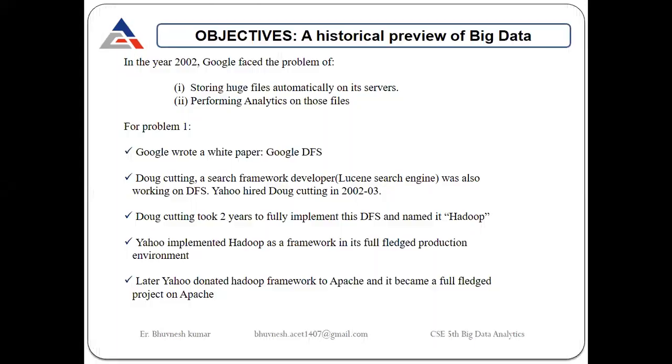First of all, why did this concept of big data come, and what problems are there in big data? We will study that. In the year 2002, Google faced the problem of storing huge files automatically on its servers.